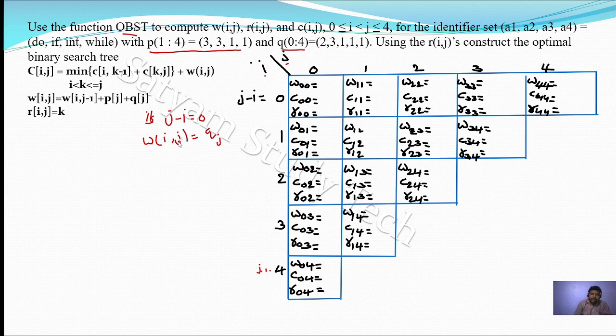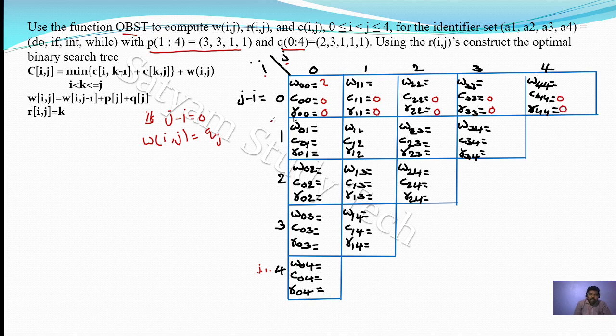Here it is w of 0 0, so q of j is q of 0, and q of 0 is 2, so you can write it here. Initially c of 0 0 and r of 0 0 values are 0, here also 0, c of 1 1 is 0, r of 1 1 is 0, c of 2 2 is 0, here also 0. You can take these directly without calculating.